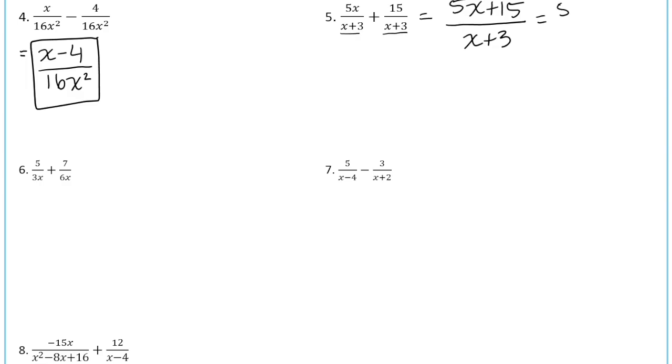I can take a 5 out of the numerator, and I'm left with x plus 3. And if the denominator is also x plus 3, that means I can simplify this. X plus 3 divided by x plus 3 is 1, so I'm left with 5 as my final answer.